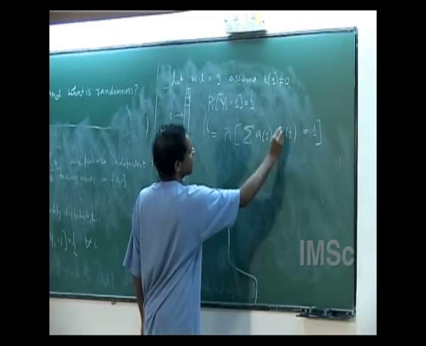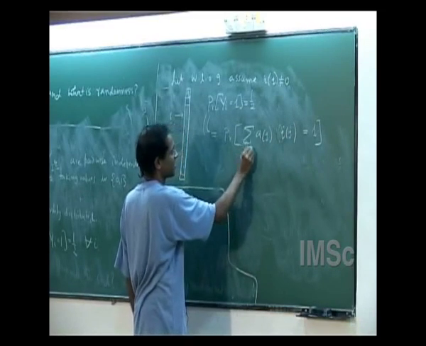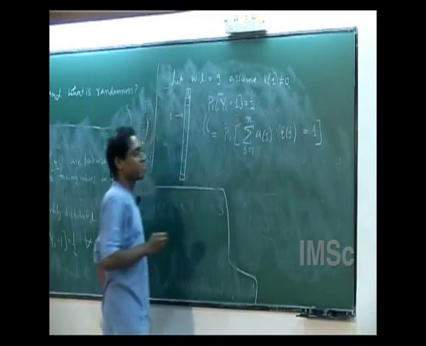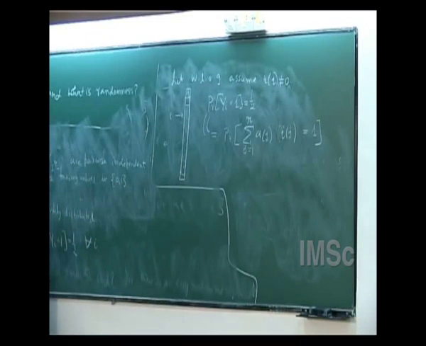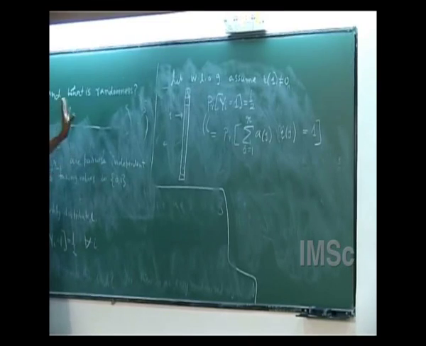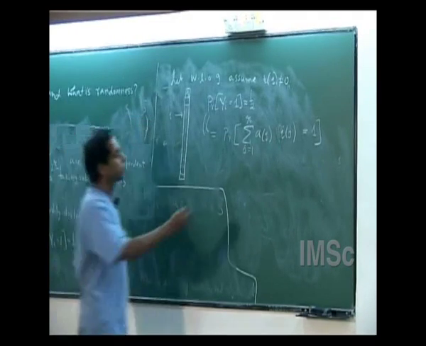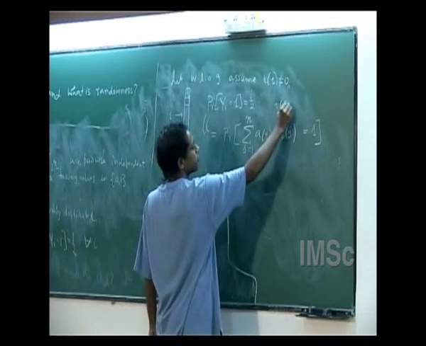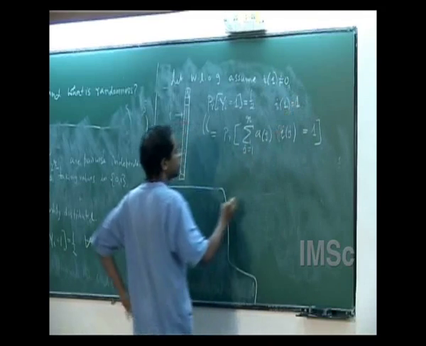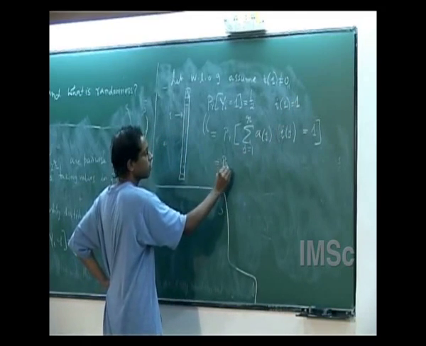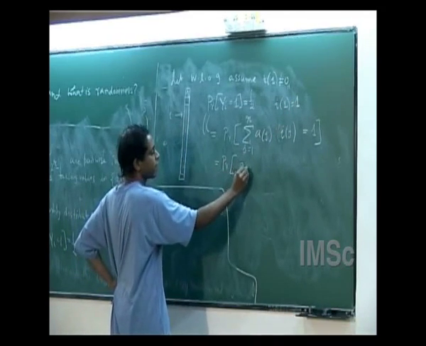Now use the fact that the first bit of I is 1. So I1 is 1 basically. And let's just split the summation and write it as A1 plus the rest.